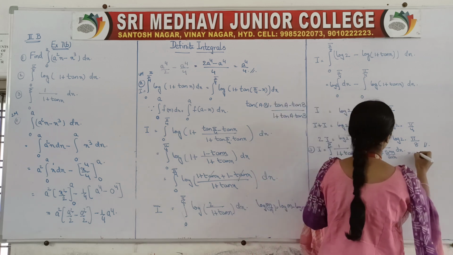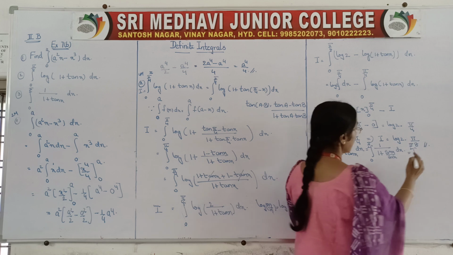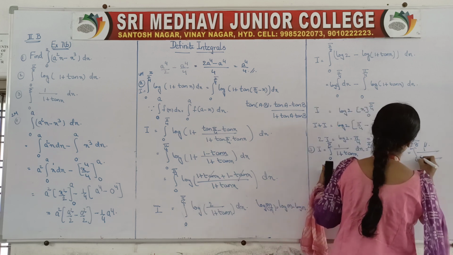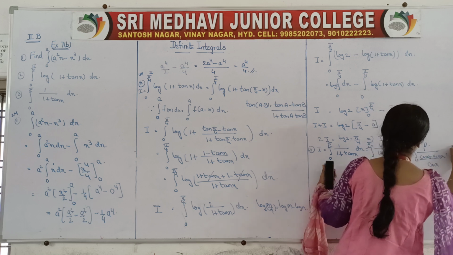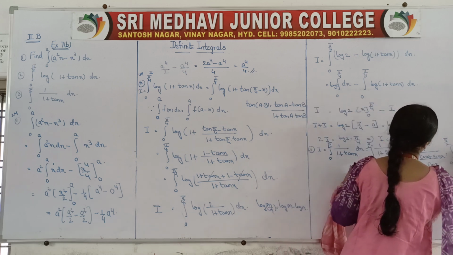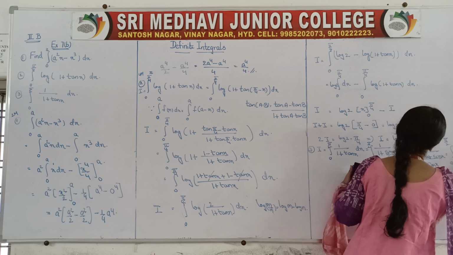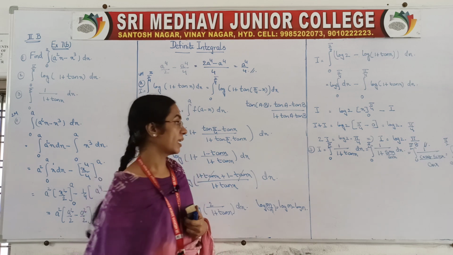So it is equal to integral 0 to pi by 2, taking the LCM, cos x is the LCM, 1 by cos x plus sin x. So now your problem is integral 0 to pi by 2, cos x goes upwards, cos x by cos x plus sin x. You consider this as equation number 1.